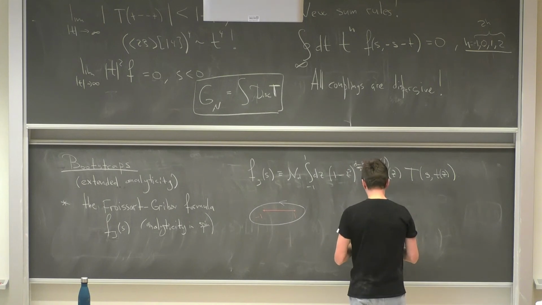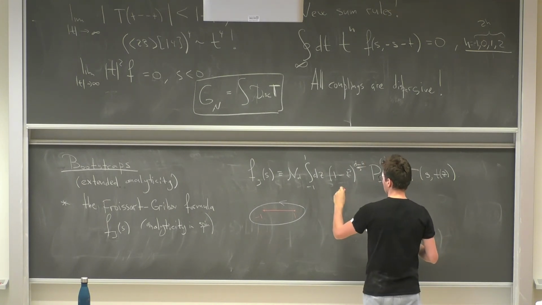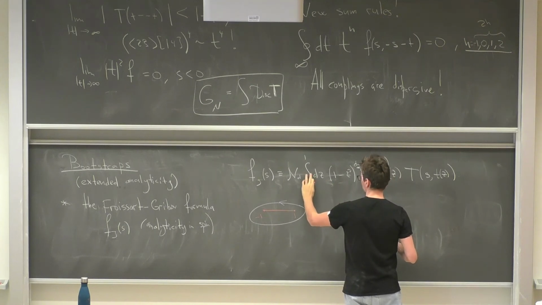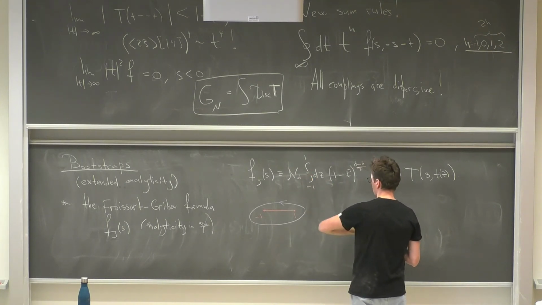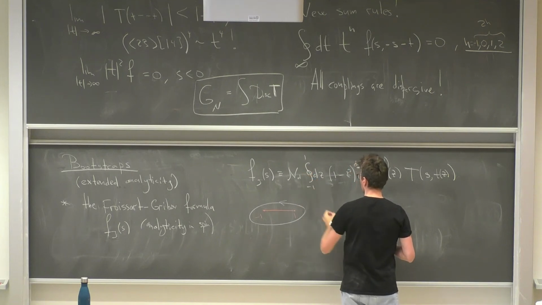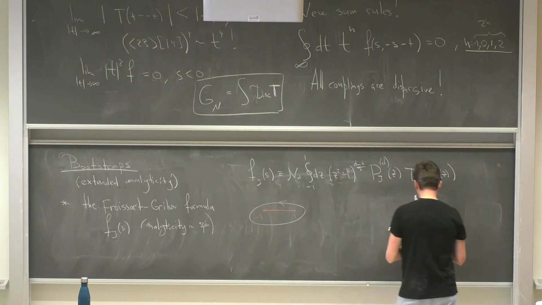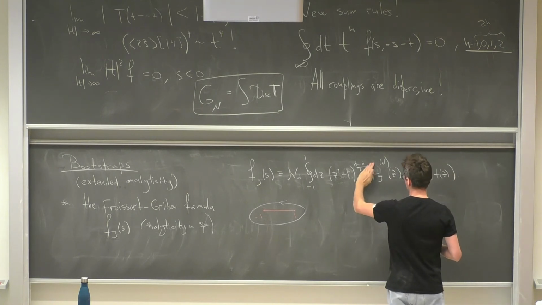And the formula that you get is essentially the same, but instead of this, you now have a contour integral. Here you have z squared minus 1, and instead of P_j, you have what is known as Q_j.